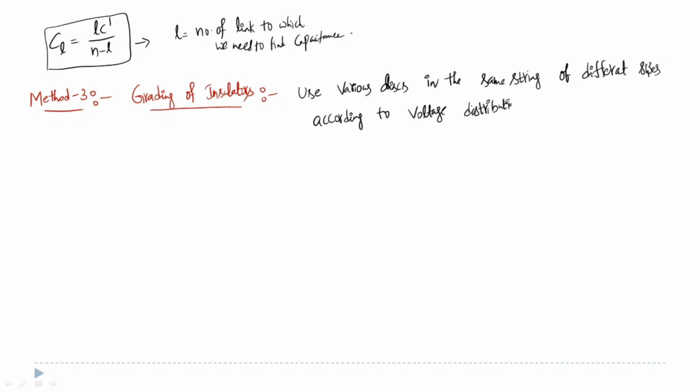Let us see how it is done. So you have a supporting tower here, and you have a cross arm here, and you have the insulator discs. See, we have observed that when we are moving from the power conductor to the cross arm, the voltage across each and every disc is reduced.